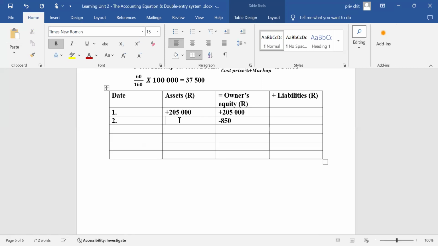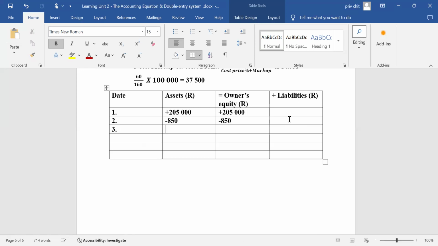It's going to be minus 850 here, because the assets are going out of the business. So that's a minus also. Let's go to the next transaction. Does it affect any liability there? No. That's why you see this dash there for the liability column. Okay, let's go to the next one.